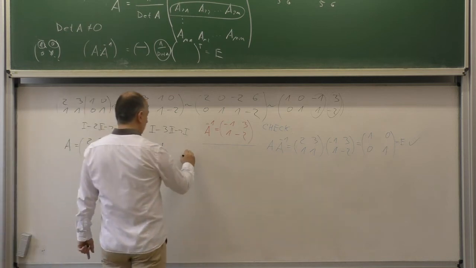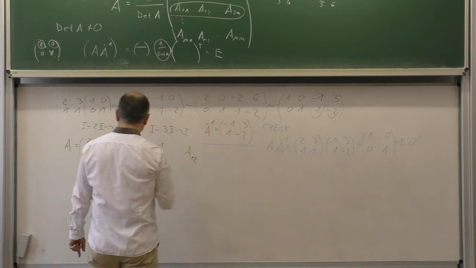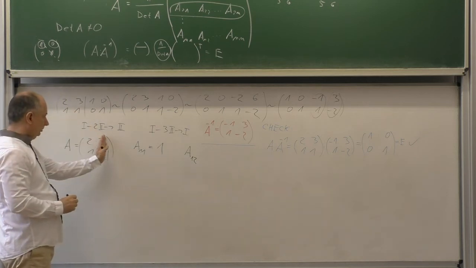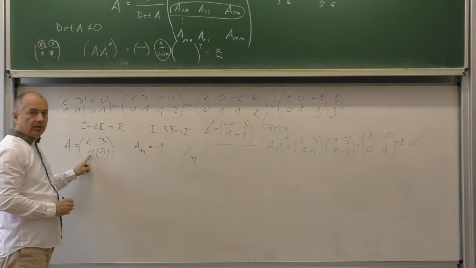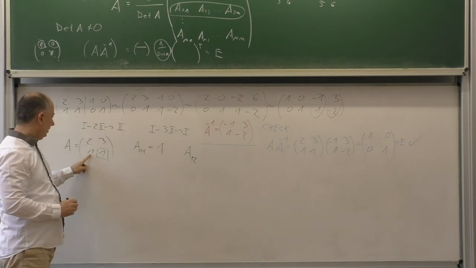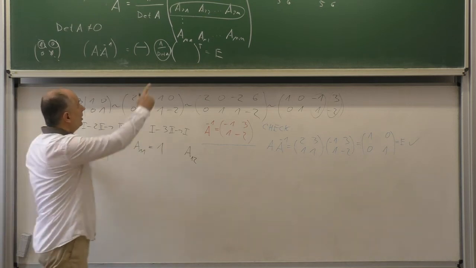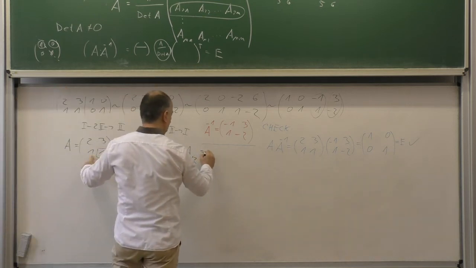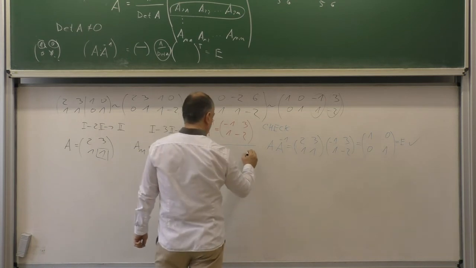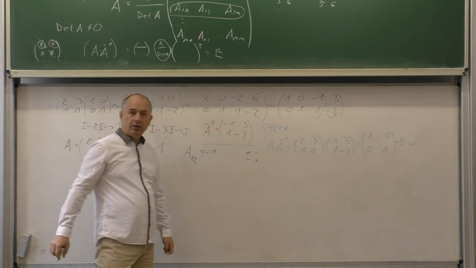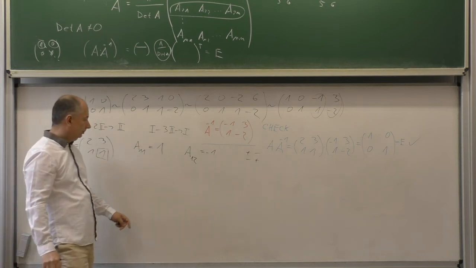For the cofactor A12, we cancel the first row and the second column, so we get the determinant of this, which is 1, but we must multiply by -1, because we are in the position where we have minus in this checkerboard structure.